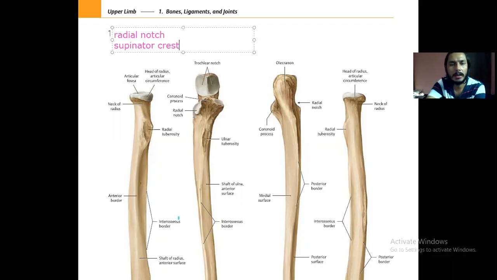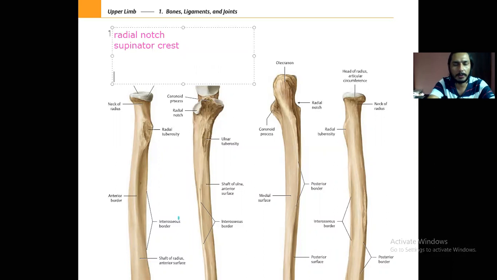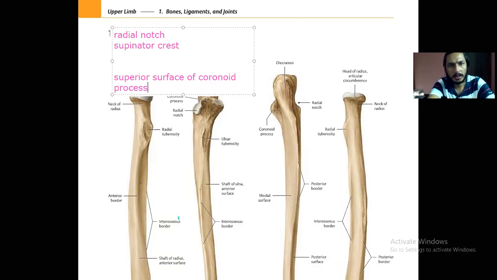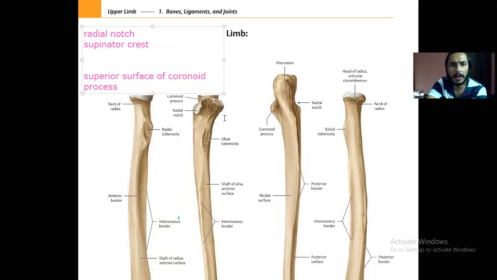Now the superior surface of the coronoid process. We have seen the anterior features.